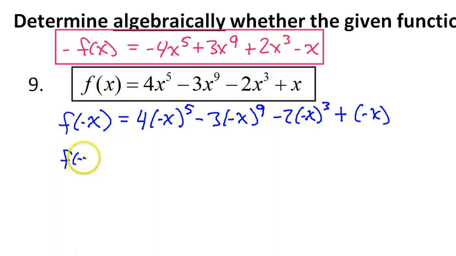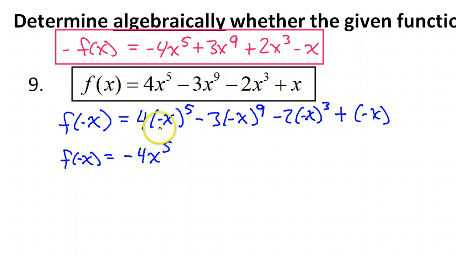Now we have learned that if you raise a negative number to an odd power, it stays negative. So all of these negatives inside of these parentheses are being raised to an odd power. So all these negatives are like -1s, and those negatives are going to stay negative because it's an odd power. If they were even powers, we could just erase them. So because these negatives will stay, this is going to become negative 4x to the 5th power.